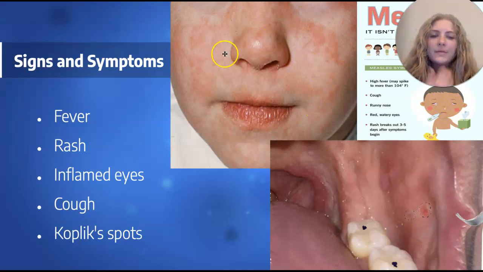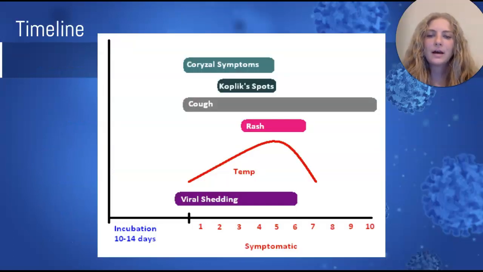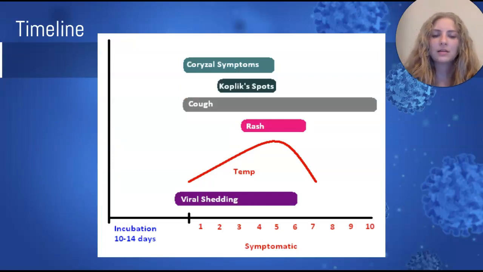And this picture here is what the rash looks like on the face. Typically the rash tends to appear first on the face and then sort of travels throughout the rest of the body as the infection develops.